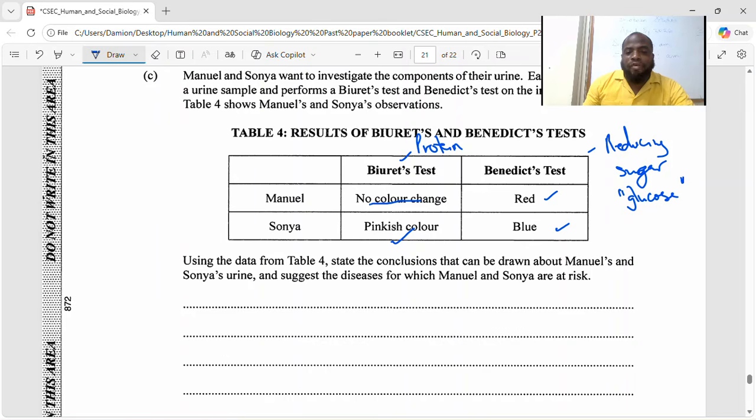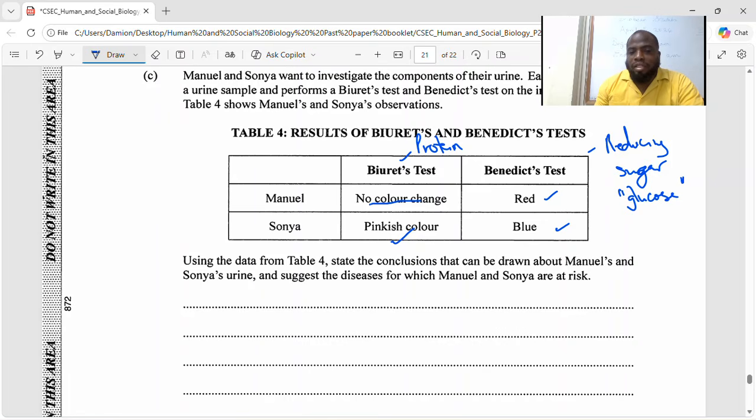So using the data from the table, state the conclusion that can be drawn about Manuel's and Sonia's urine and suggest the disease for which Manuel and Sonia are at risk.